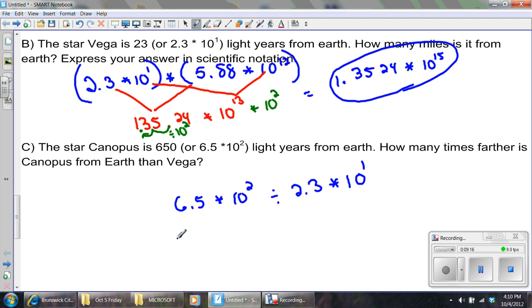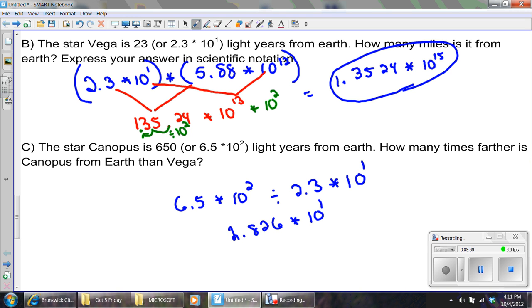So my calculator will tell me 6.5 divided by 2.3, and I'm going to get 2.826, and that's rounded, times 10 to the 1st. Now that answer doesn't make a whole lot of sense to me being in scientific notation.